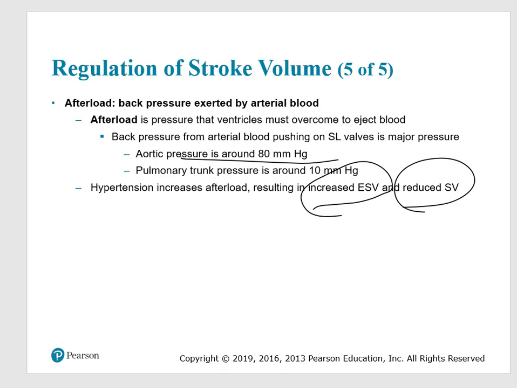So if the muscles are strongly contracting, the left behind blood, the ESV, decreases, increasing the SV. And finally, afterload, how much pressure it has to overcome in order to push the blood from the ventricles into the arteries. Increasing hypertension causes increased afterload, which results in increased ESV and reduced SV.